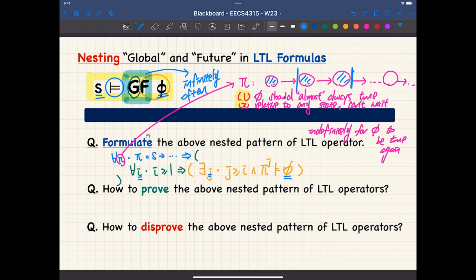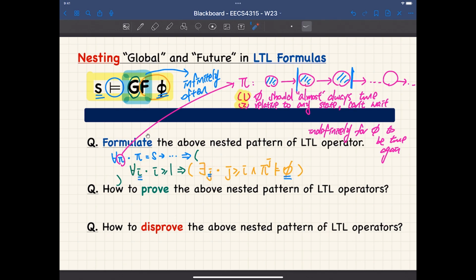Okay. So that means, for example, relative to this particular state, so this is more like an i over here, we fix some value i. And then, relative to this i, some future state j must have the phi being true. That's what I meant.